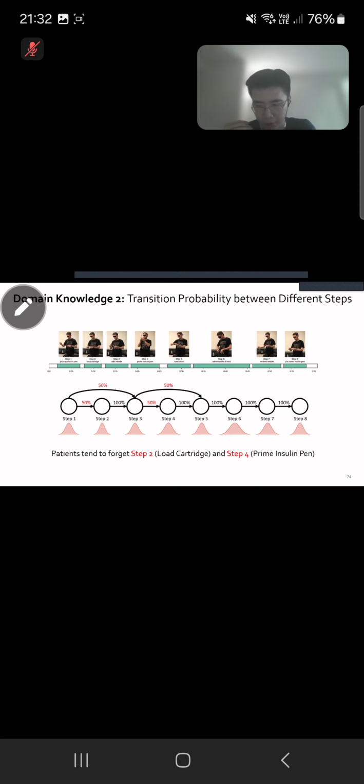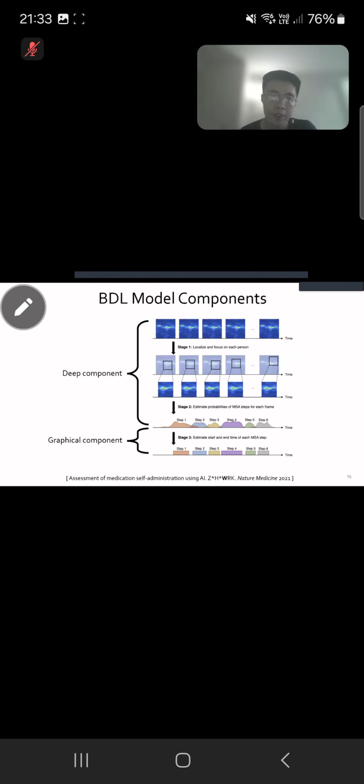And to give you slightly more detail, this would be a dynamic Bayesian network combined with the deep learning component. So basically, our solution would be a Bayesian deep learning-based health monitoring model where the deep component handles the high-dimensional wireless signals, and the graphical component incorporates domain knowledge and makes interpretable predictions. And this is an overview of our model. We have a deep component and a graphical component.